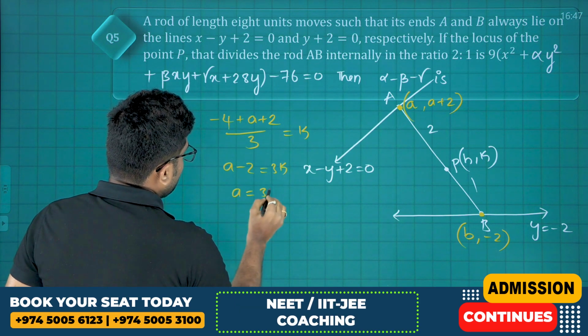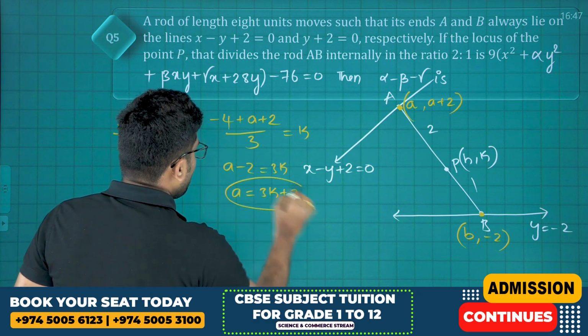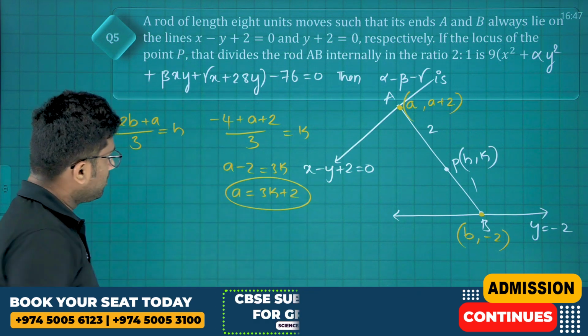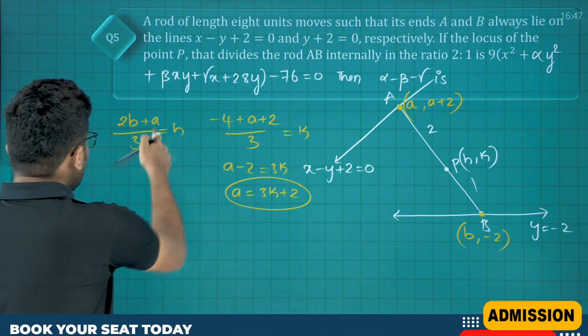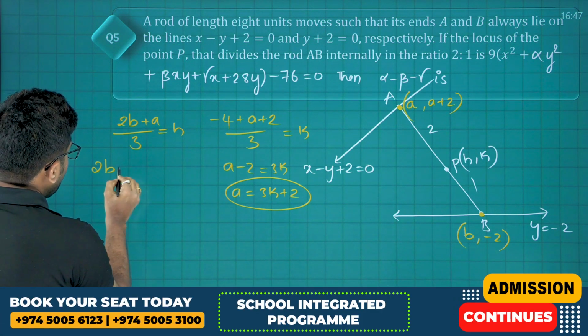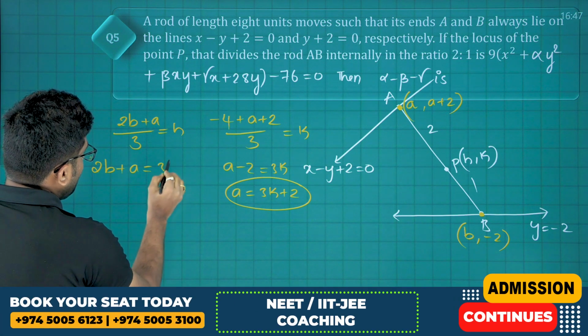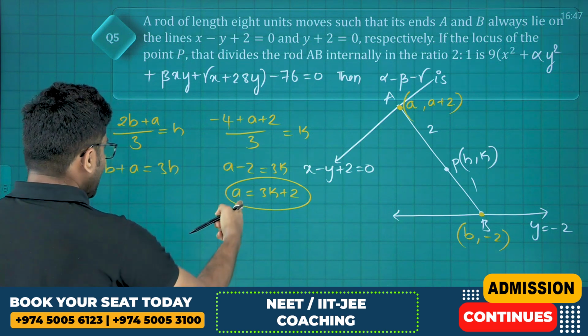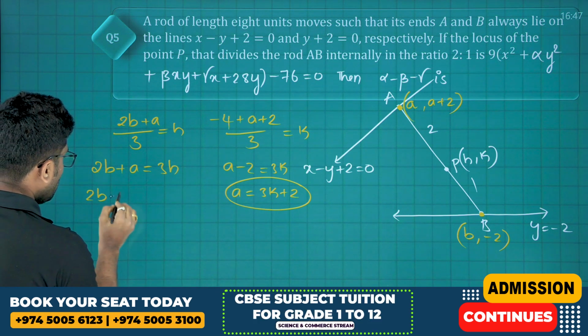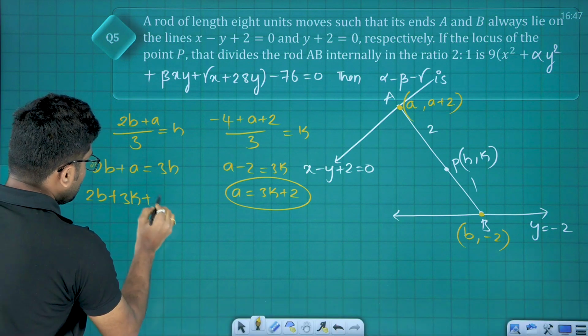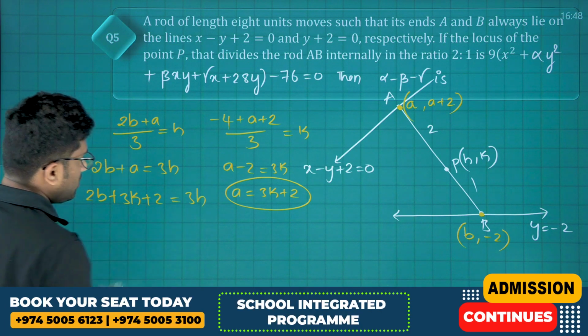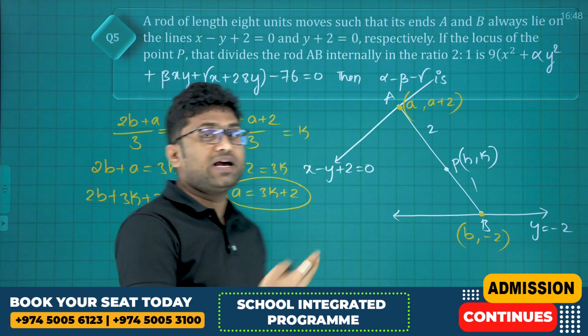A is equals to 3k plus 2. We have got A in terms of k. Put that A in terms of k here: 2B plus A is equals to 3h. What is A now? A is 3k plus 2. So 2B plus 3k plus 2 is equals to 3h, because we have taken A comma B as our parameters.